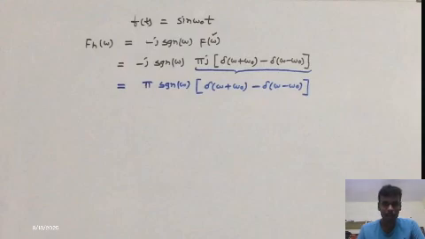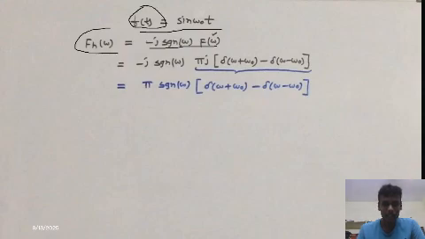So here in our problem, f of t or x of t is nothing but sine omega naught t. F_h of omega is equal to minus j sgn omega into F of omega, where F of omega is nothing but the Fourier transform of f of t.